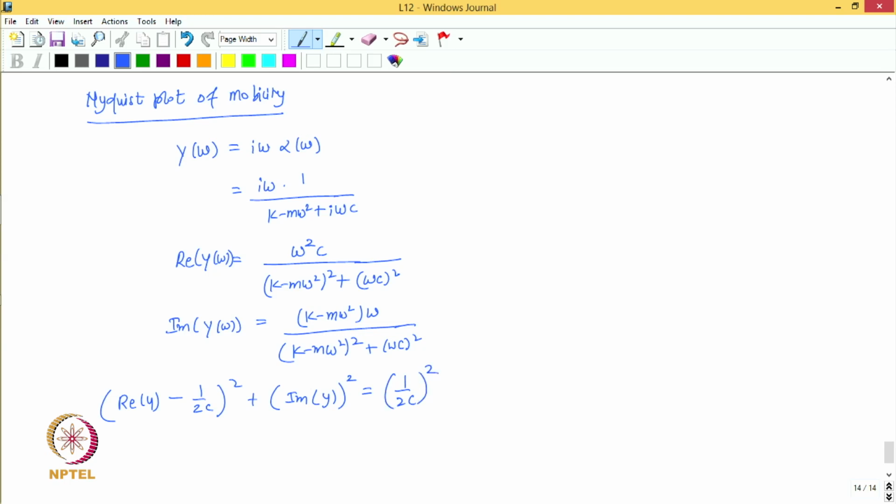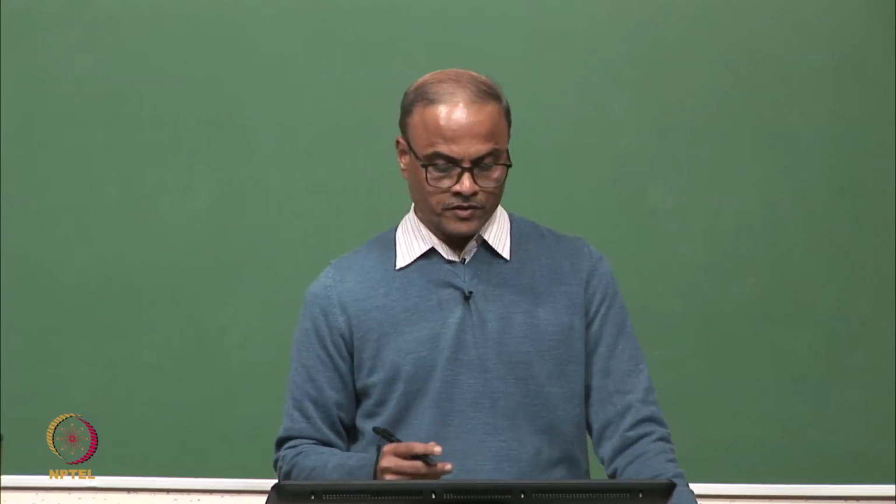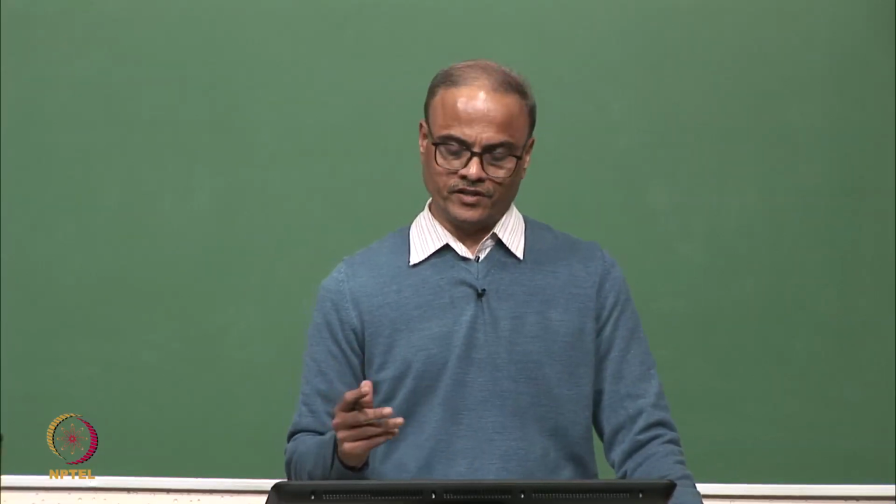So, we see that the real part and imaginary part of the mobility of the single degree of freedom system with viscous damping satisfy this equation, which is nothing but the equation of a circle, with real part and imaginary part plotted on the x and y axes. Therefore, the Nyquist plot of mobility traces a circular trajectory.